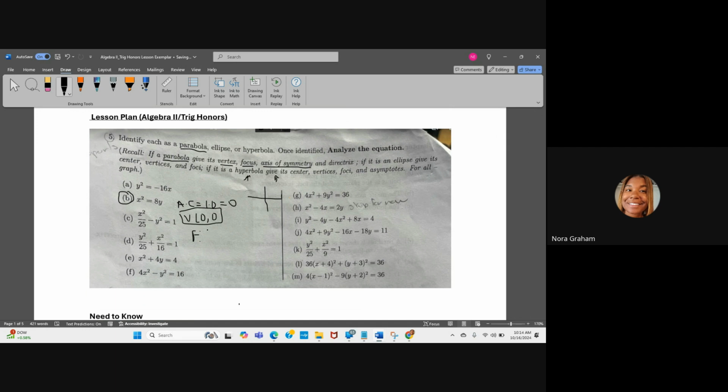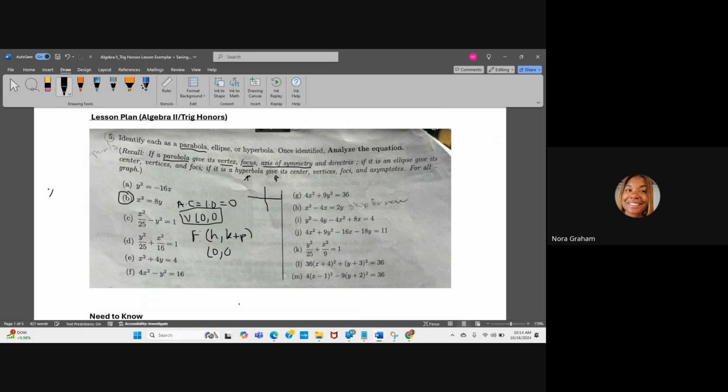So when we find the foci, our formula for that is going to be h, which is the x of our vertex. But this time we're messing with the y's, okay? So this is going to be k plus p. All right. So if we fill in everything for that, we know h is 0. k is 0. And our p, let me do x squared.